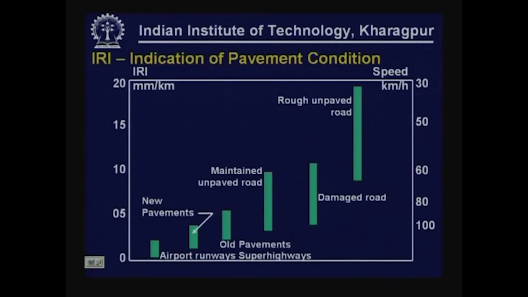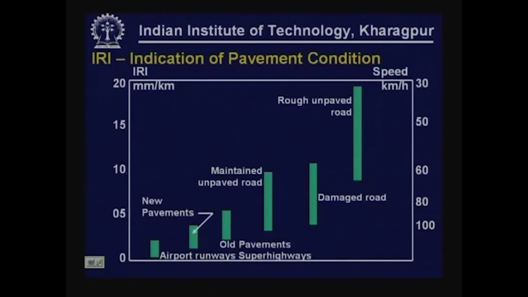For typical new highway pavements, it can be in the range of maybe 1 to 3.5 or 4. Similarly, for very rough unpaved roads, the IRI could be in the range of say 7 to 18. This is just an indicative idea about what could be expected in terms of IRI for different types of facilities, and also in terms of the condition the pavement is in.